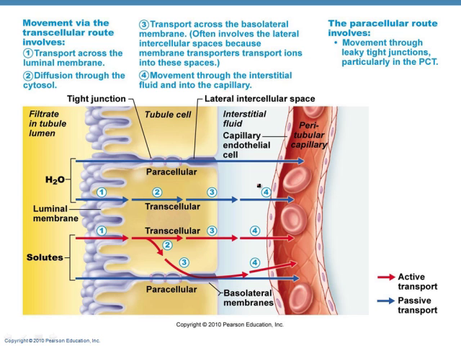That's good. So, diffusion through the cytosol, transport across the basolateral membrane, and movement through the interstitial fluid. What's interstitial fluid? Yeah, fluid between cells. That's the bluish part. Back into the what? Capillary beds.